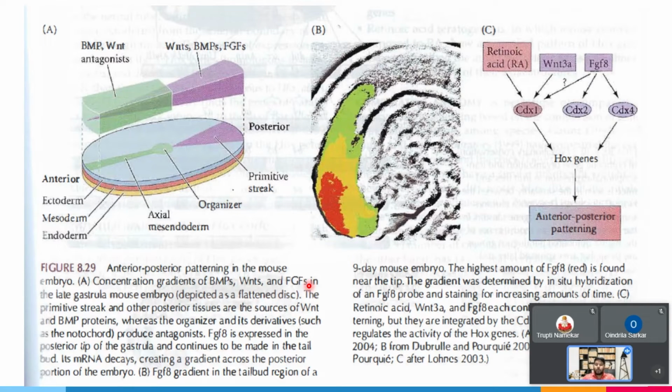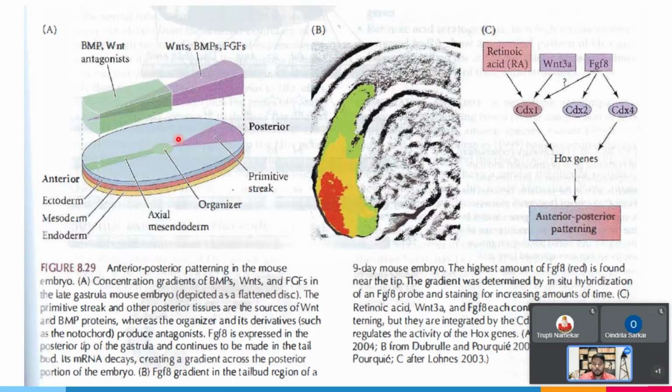In order to understand this important aspect of early embryo development, we have to understand what exactly is known as an organizer. If we had looked into amphibian development as well, we would have understood better what an organizer is. But essentially what organizers do is mark a specific position in the embryo which will give rise to the anterior posterior pattern.